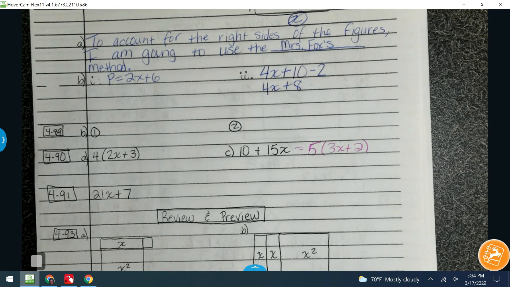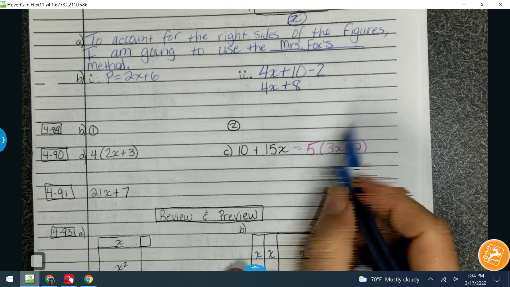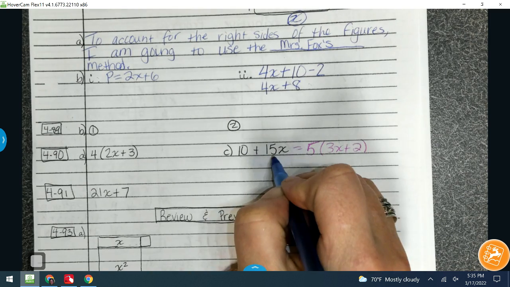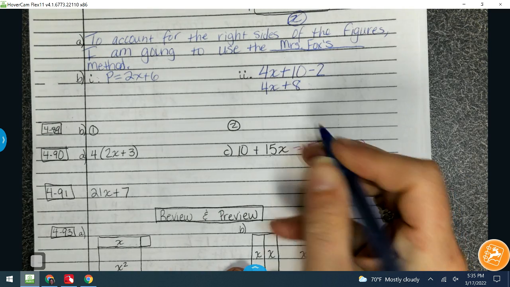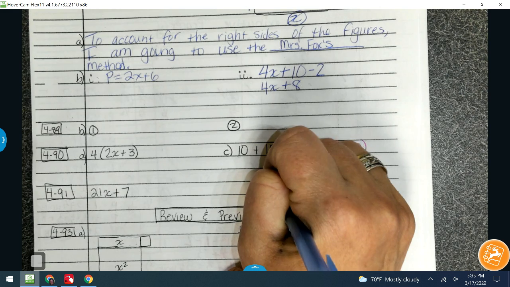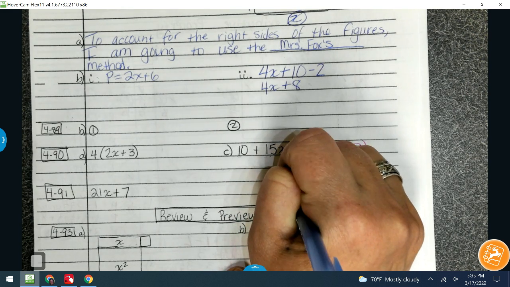But there's another way that we can do this besides having those algebra tiles. The algebra tiles work. Sometimes they're a little time consuming, and it depends really on your numbers, how big they are. So with these ones right here, I'm going to look at the 2 numbers that are here. And we're going to list their factors. So I have the numbers 10 and 15, and we're going to list their factors.